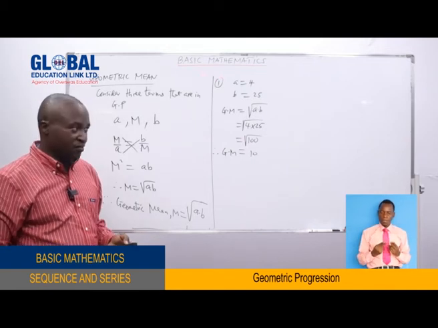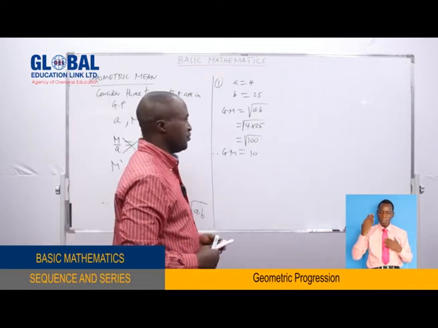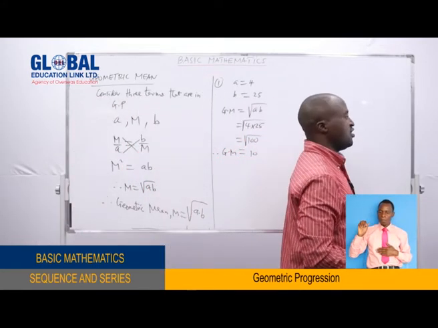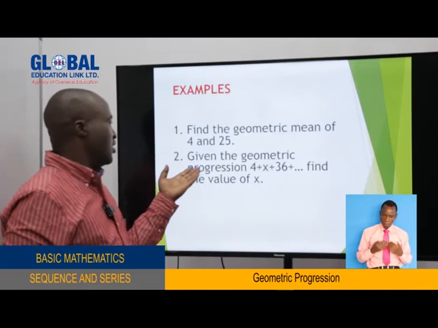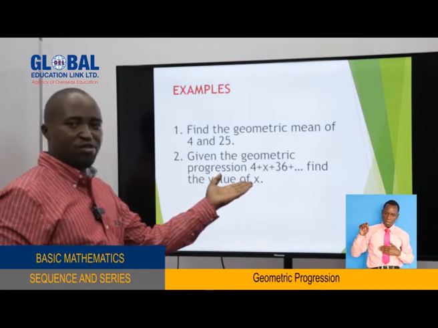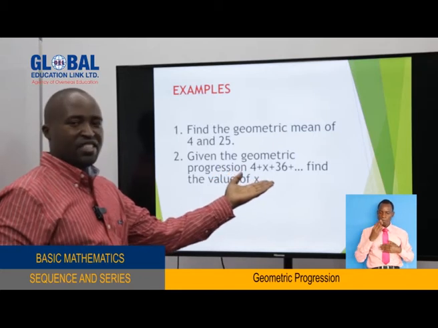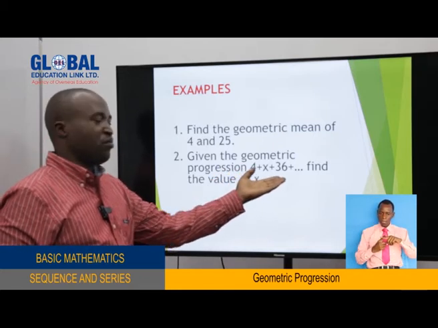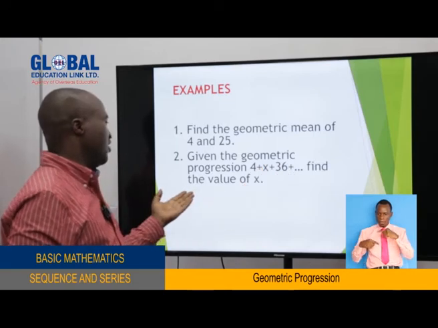Now, let us see the second example. This time, given the geometric progression 4 plus x plus 36, then proceed to infinity, find the value of x.